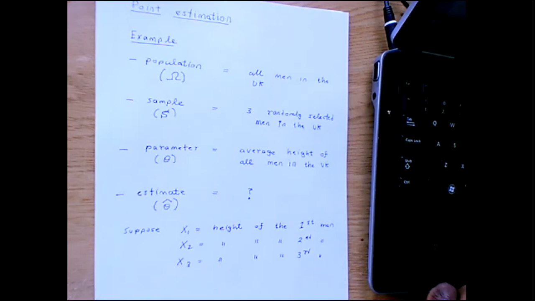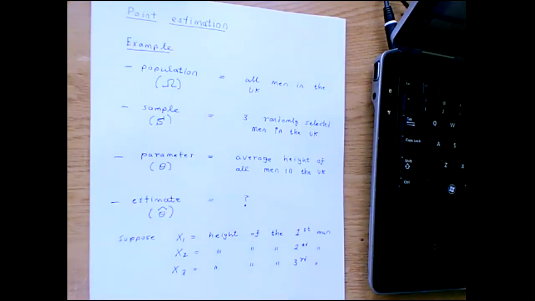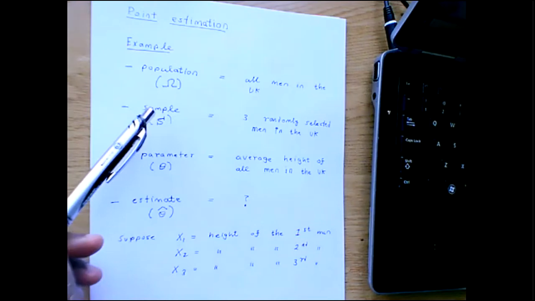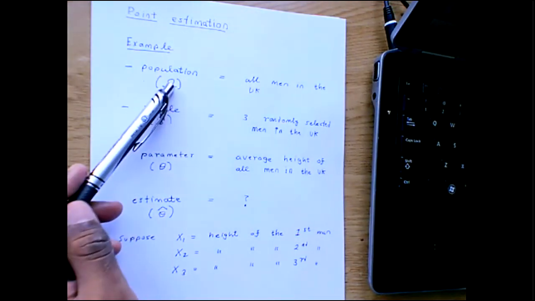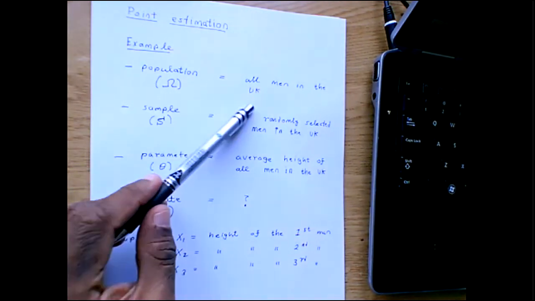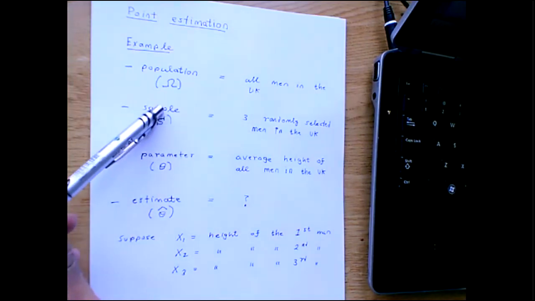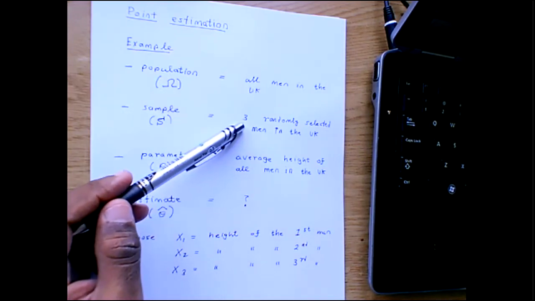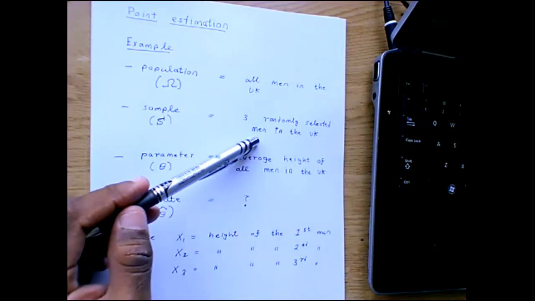Now, this week I'm going to talk about point estimation. Point estimation is very important in statistics. Let's consider an example. You have a population which consists of all men in the UK. Obviously, the population cannot be accessed because there are millions of men in the UK. So we draw a sample, which is a small subset of the population. Suppose we choose 3 randomly selected men in the UK.